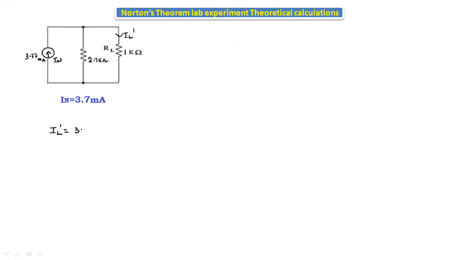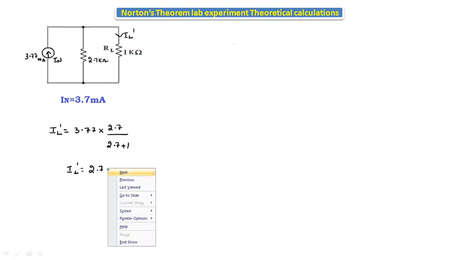The total current is 3.77 into the opposite resistance, 2.7 divided by 2.7 plus 1. If we calculate this, we will get IL dash equal to 2.7 milliamps.